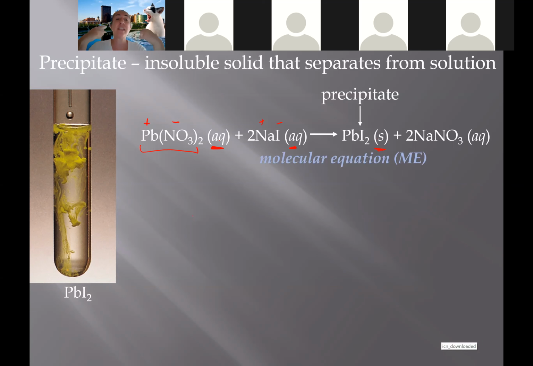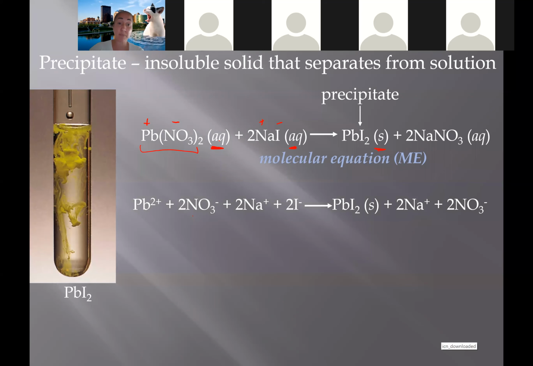So I'm going to just show you what it would look like. But if you see here, look how everybody is broken up into ions, which is why this equation is called the ionic equation, right? So in the second part, it's called the ionic, and you break everybody that you can into ions.